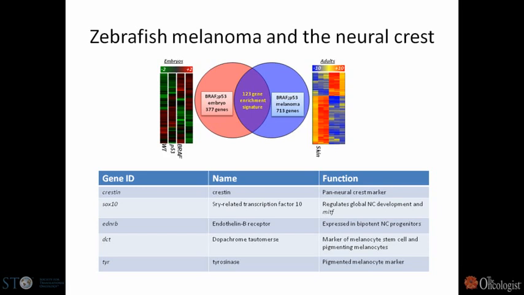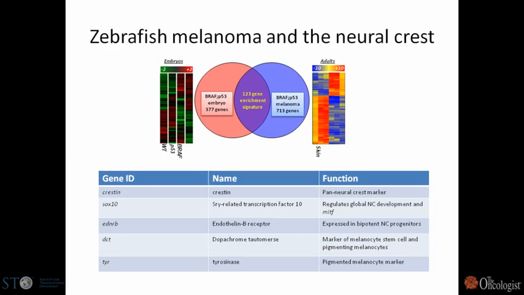And when he looked at the list of these genes, they were almost all neural crest progenitor genes. So this includes a gene called crestin, SOX10, EDNRB, the endothelin B receptor, and also a few melanocyte genes.